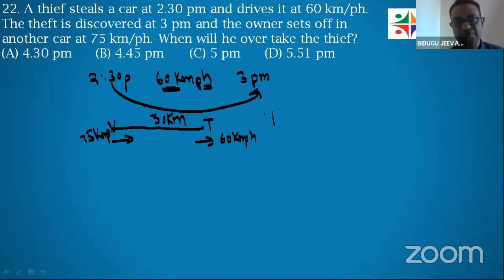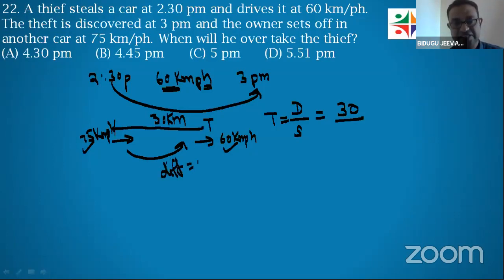Time is equal to distance by speed. Distance is 30. What speed do I have to take? When two objects travel in the same direction, we take the difference of the speeds, which is 15. So it is 2 hours.